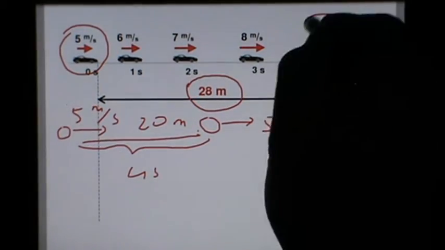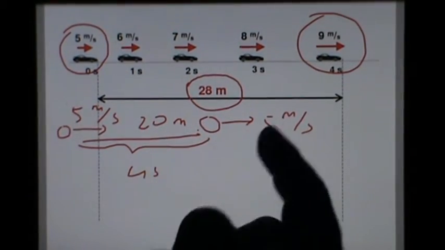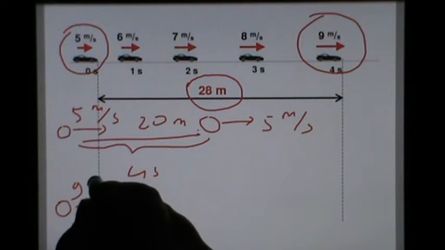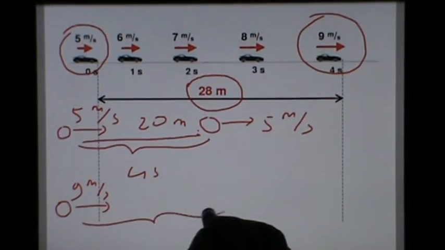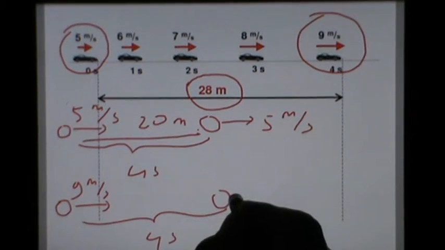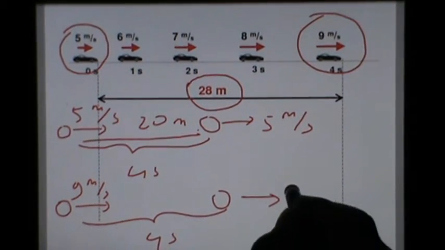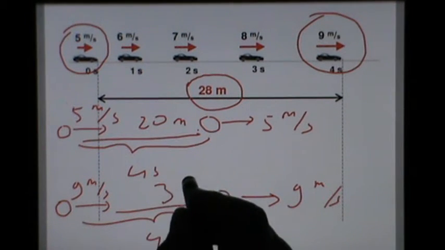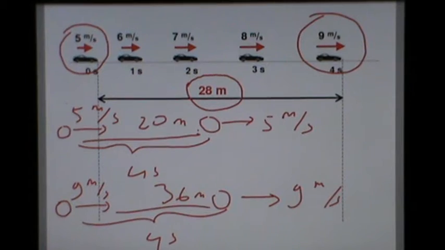And secondly, if the car moves with a constant speed of 9 meters per second, so let me write 9 meters per second, and it moves 4 seconds, the distance traveled after 4 seconds will be 36 meters.